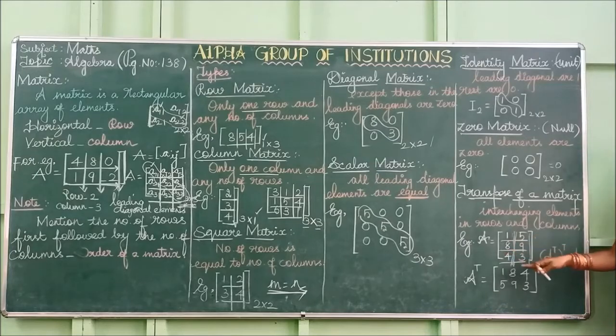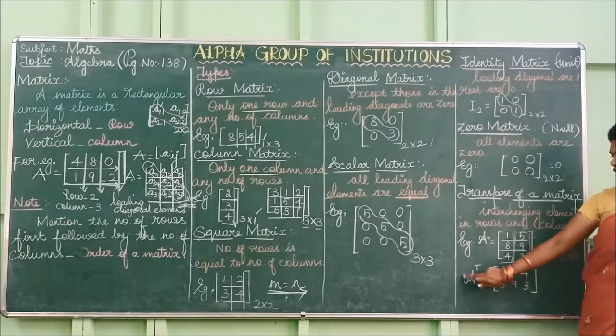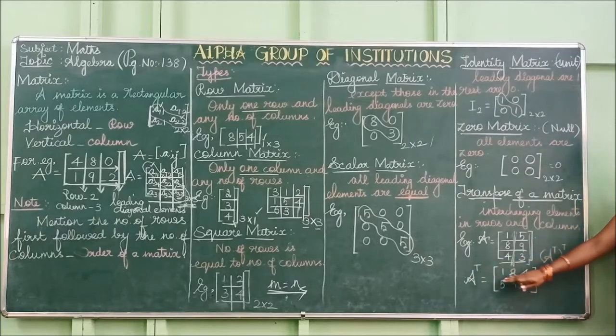For example, these two columns must be interchanged into rows. Again, taking the transpose of this, the row will be changed into a column. So A transpose whole transpose is A.